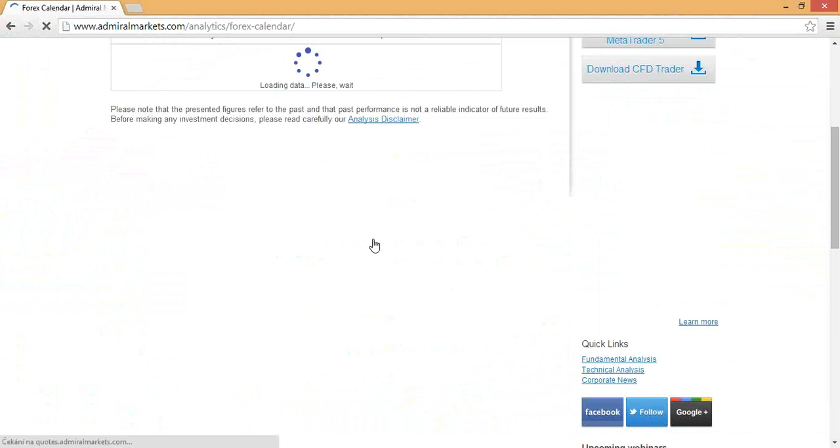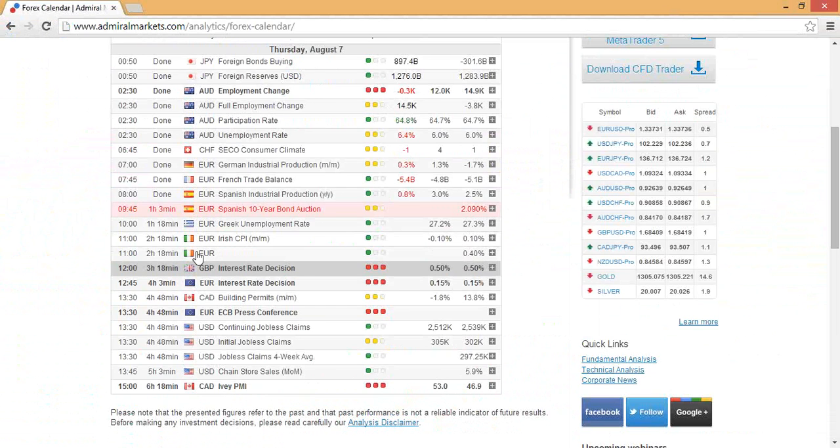Irish CPI. That's a good Euro news so far, all red.